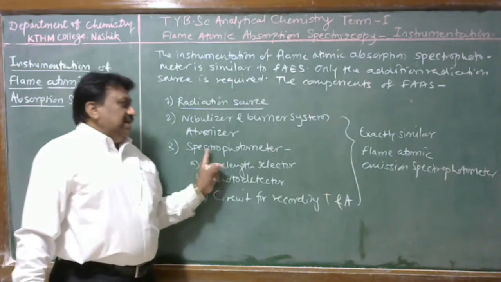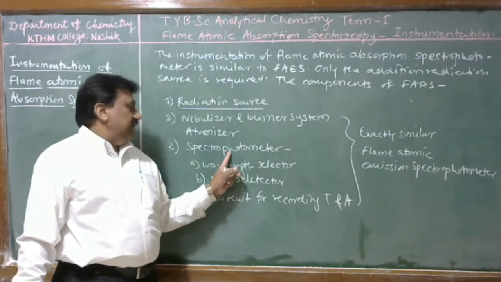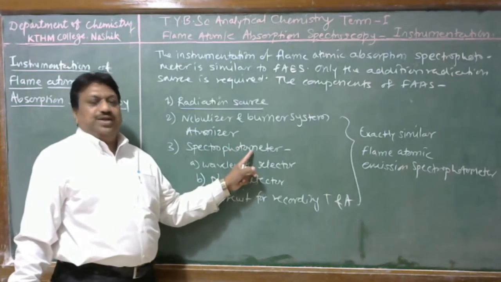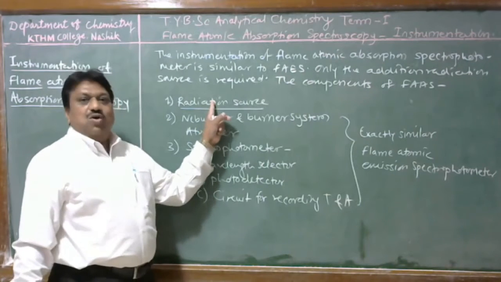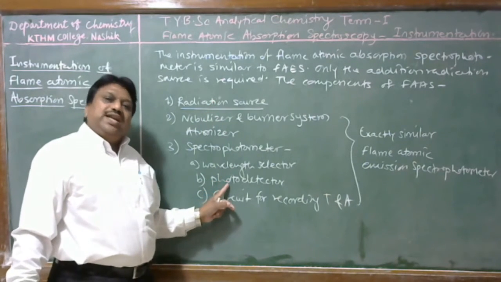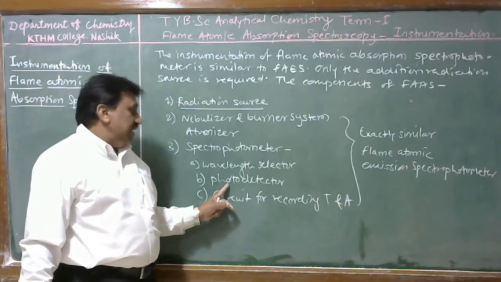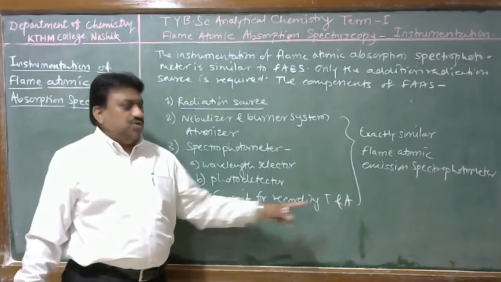Another component that is similar to flame emission spectrophotometer is the spectrophotometer, which involves the wavelength selector for isolation of a resonance line of the analyte element, a photodetector to detect the intensity of that resonance line, and a circuit for recording the transmittance and the absorbance.